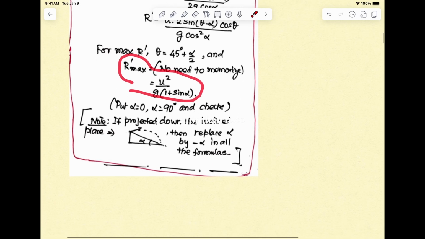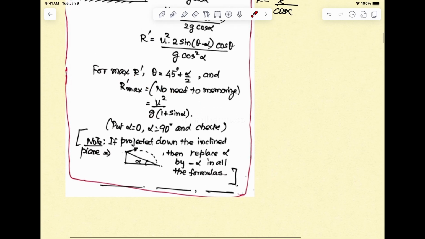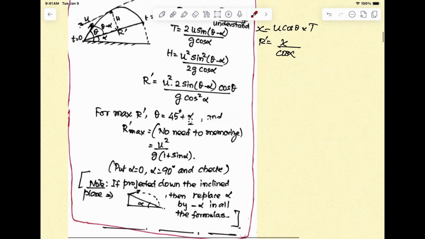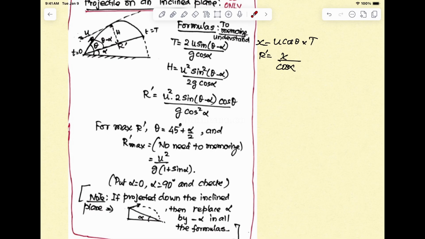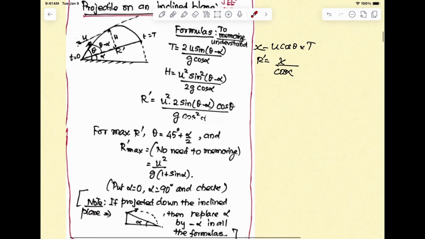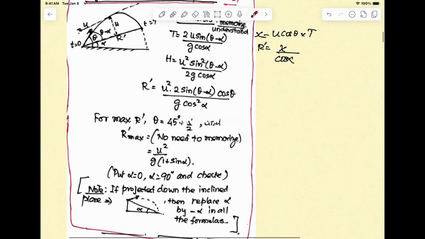Now one last aspect: suppose the question is that you are not throwing from the foot of the inclined plane, you are throwing from the top of the inclined plane. That is the reverse direction. Then what formulas undergo changes? Very simple. Now the projectile is projected down the inclined plane rather than up the inclined plane.